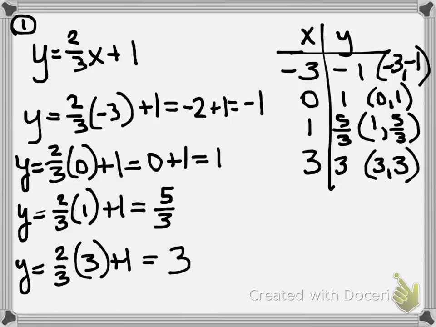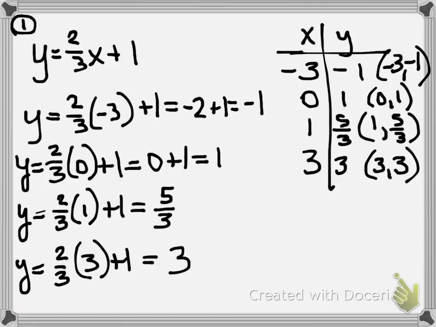So by using what we call a table of values, we could get some points, and we do realize that the x could keep getting smaller. It could go all the way to a negative infinity, and the x could keep getting bigger and go to a positive infinity. So this makes a line. So when you plot these points on a graph, you get a line.